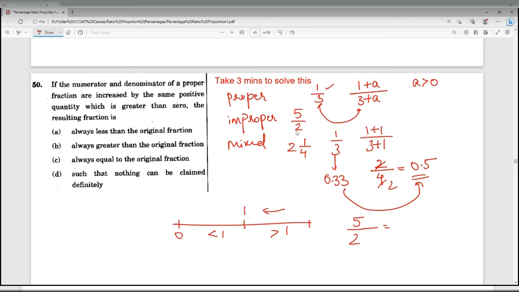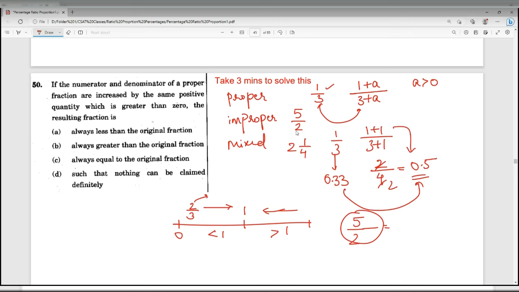And any fraction that is between 0 and 1, for example 2 by 3, if you add equal numbers to the numerator and denominator, the fraction will again move towards 1. So in this case, the fraction will decrease in value, and in this case, the fraction will increase in value. That we could see from this example here.